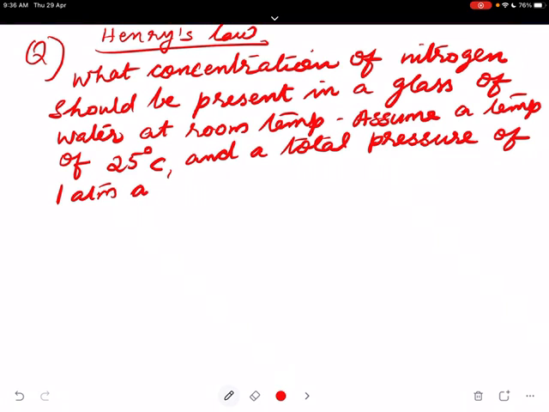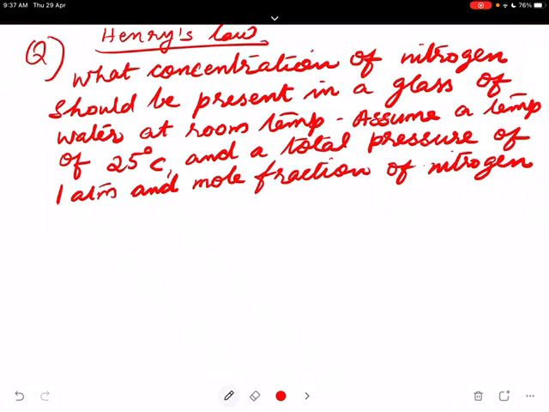And the mole fraction of nitrogen in air is 0.78.